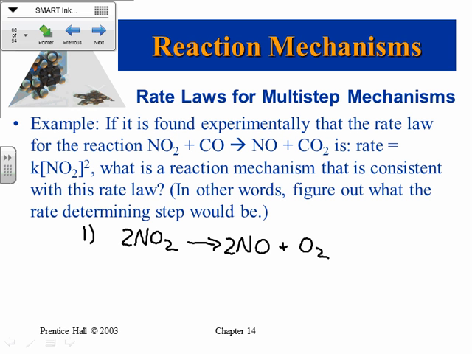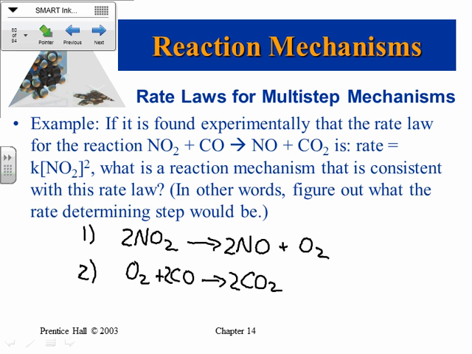Then maybe in the second step, that O2 that formed in the first step could react with the CO to form the CO2, okay? Now again, this is a little tricky, and you have to take some time to think about it; you probably wouldn't have come up with that right off the top of your head. And again, this isn't balanced yet. Let me balance this second one. So 2 there, 2 there. Okay, I think we got it now.